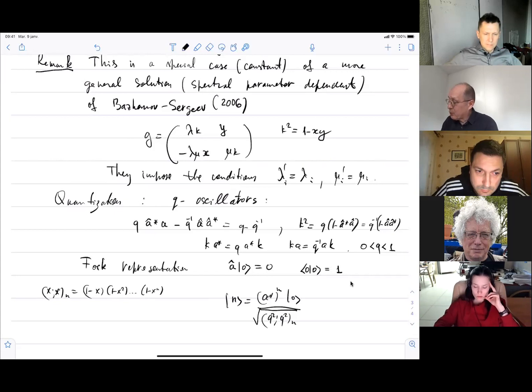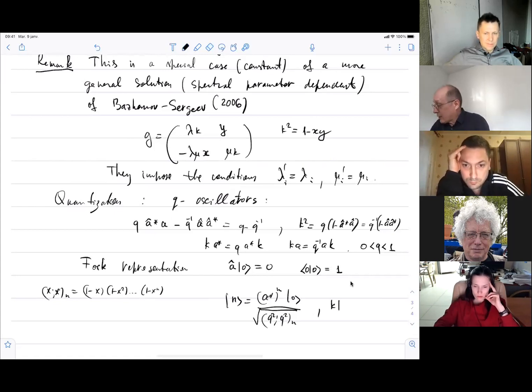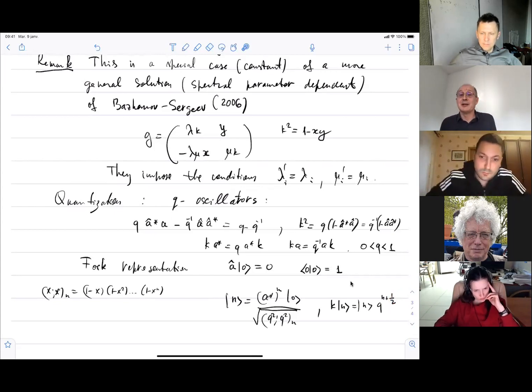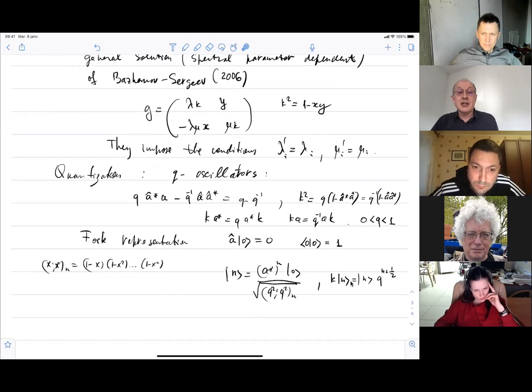Okay, so I'm using this kind of Q factorial notation. And in particular, K will be acting as a diagonal matrix, which is given by Q to the power n plus 1/2. If you're familiar with the harmonic oscillator, then even the 1/2 shows up naturally in this context. And this is a very nice representation.